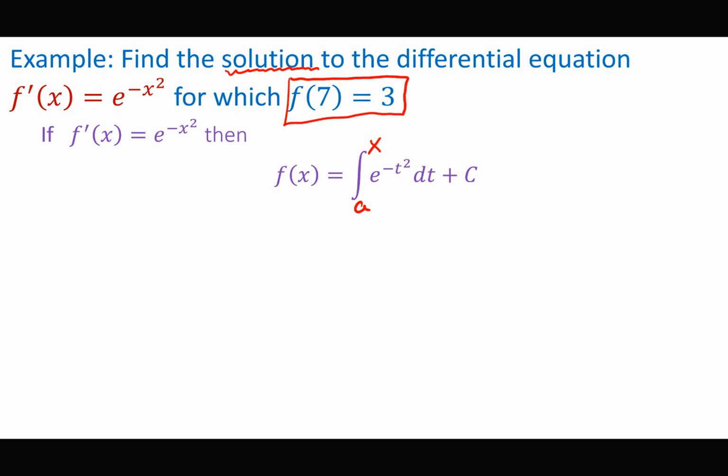And now using this initial condition, I would say f of 7 is going to be equal to my integral from 7 to x. Well, let's just leave it as f of x. f of x is going to be equal to my integral from 7 to x of e to the negative t squared dt plus c.